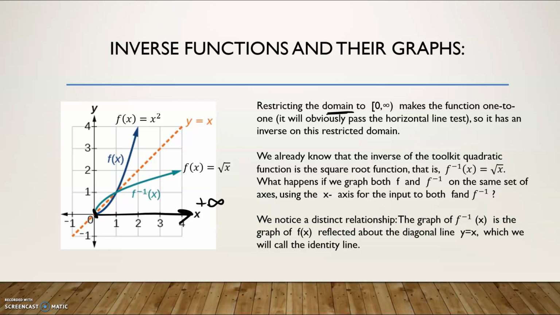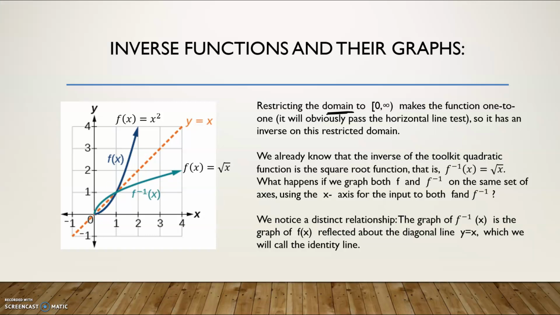We already know that the inverse of the toolkit quadratic function is the square root function, and if you didn't know that, that's fine. It's the square root of x. Okay, so this kind of teal function right here, that is the square root of x. There we go.